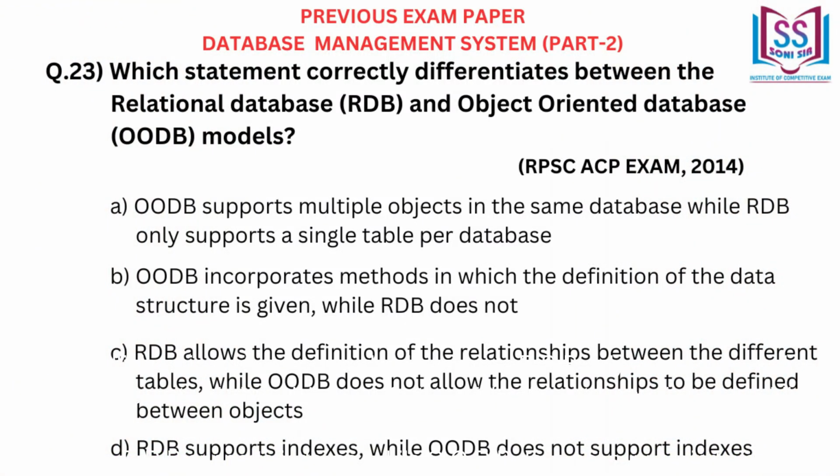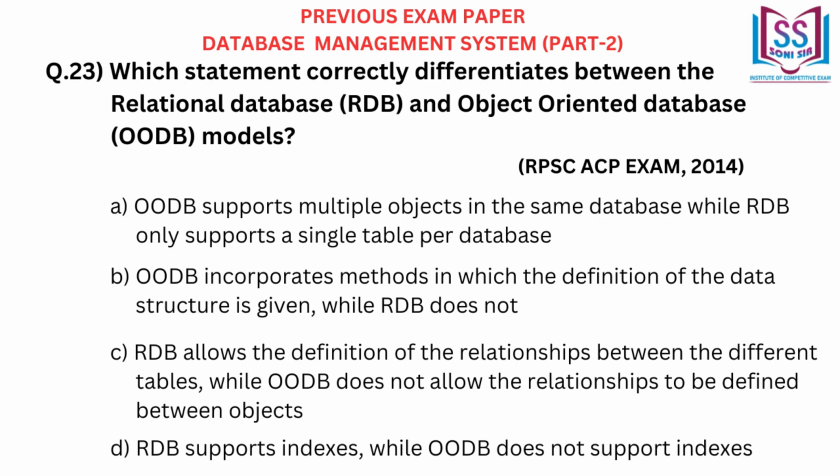Which statement correctly differentiates between the relational database, RDB, and object-oriented database, OODB, models? A. OODB supports multiple objects in the same database, while RDB only supports a single table per database. B. OODB incorporates methods in which the definition of the data structure is given, while RDB does not.